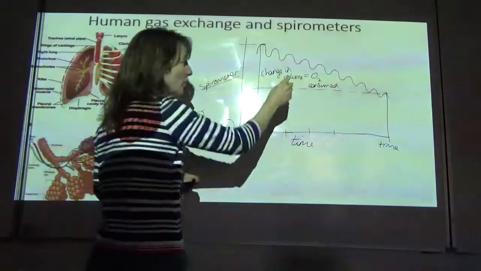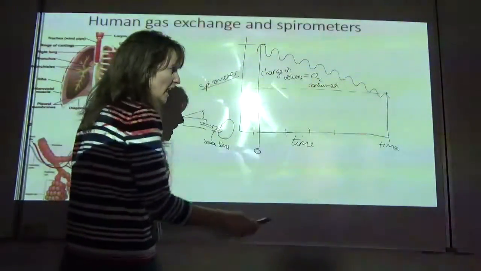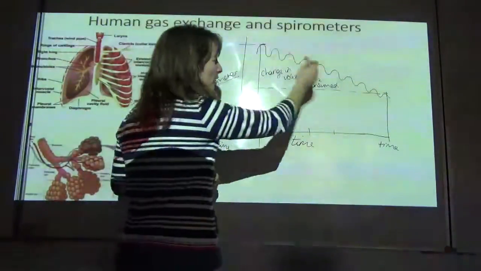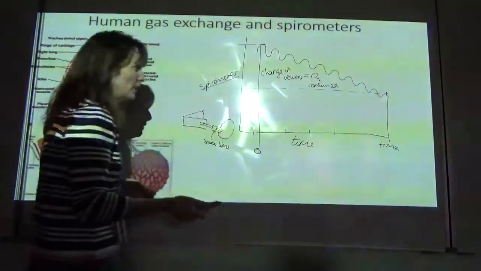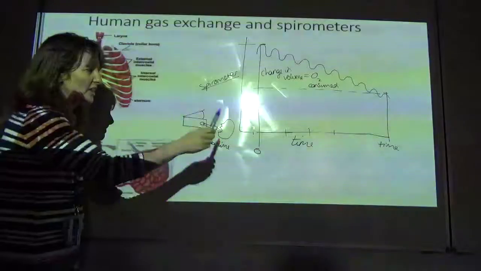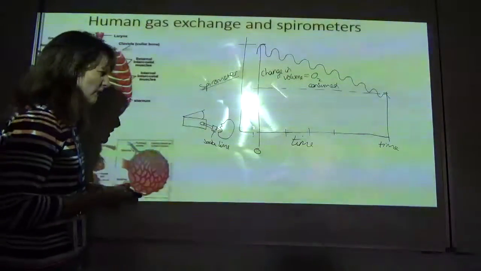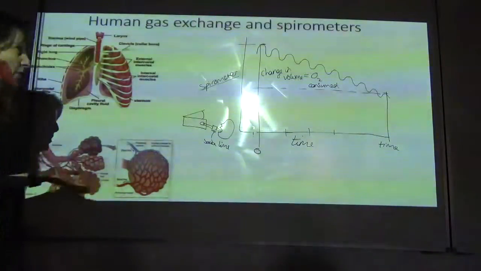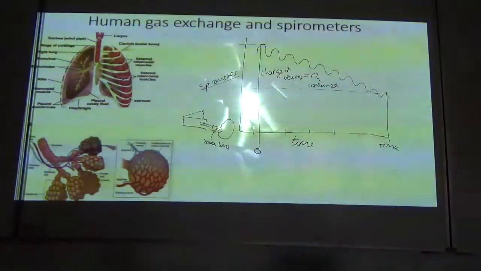So you can work out oxygen consumption over time, which is the rate of oxygen consumption. You could also, from that graph, work out the breathing rate as well, because the number of peaks you've got indicates the number of breaths given in a particular time. That gives you the breathing rate as well. So those are the typical kind of things that you get on spirometer traces and gas exchange systems.